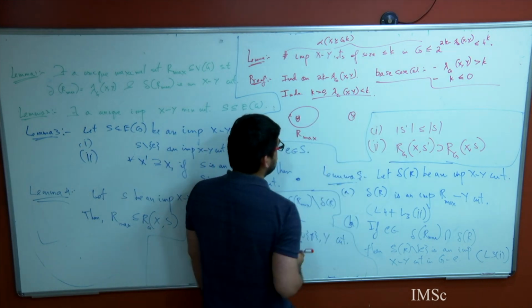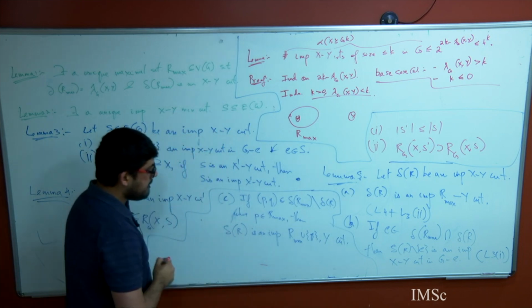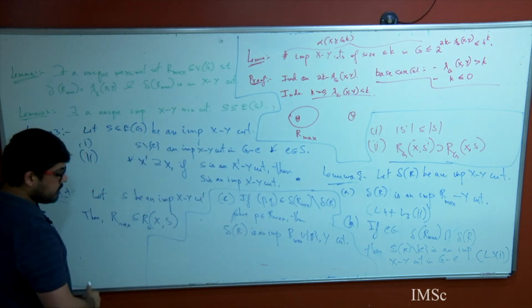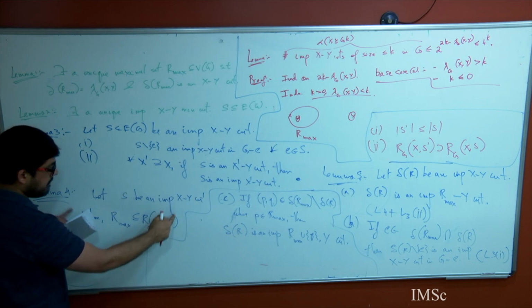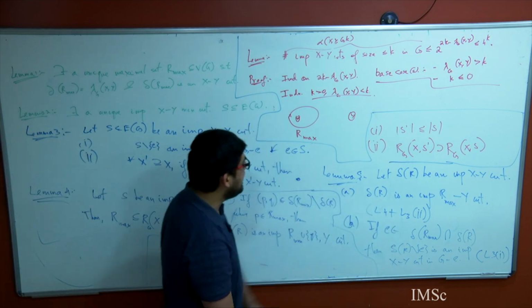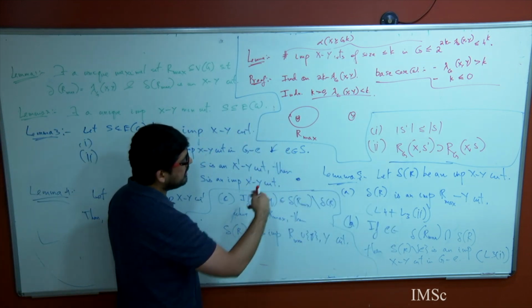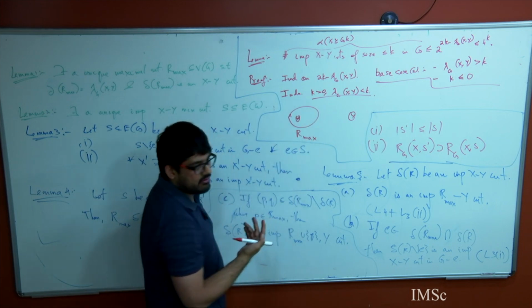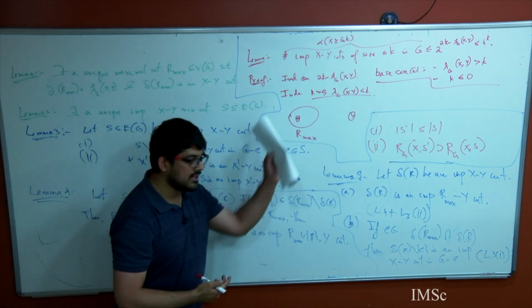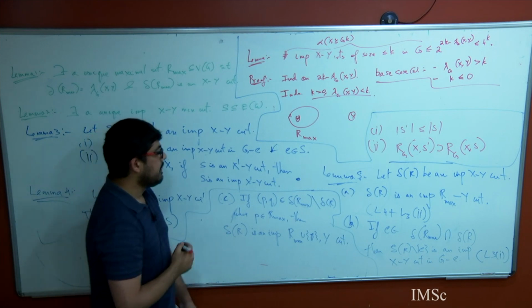X, this is y. So what this lemma says is that any important cut is not going to take edges from inside here, because all of these guys are going to be reachable anyway.